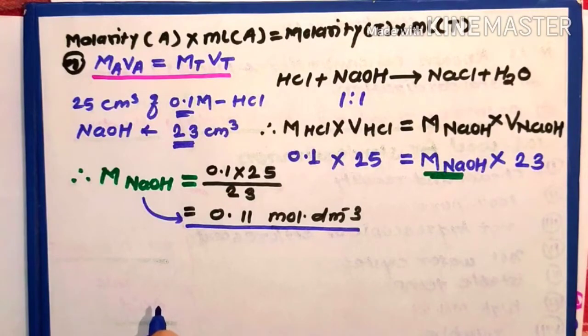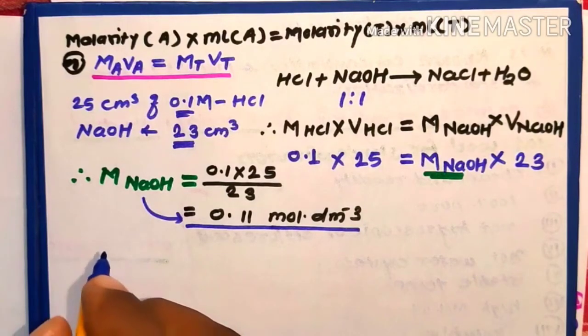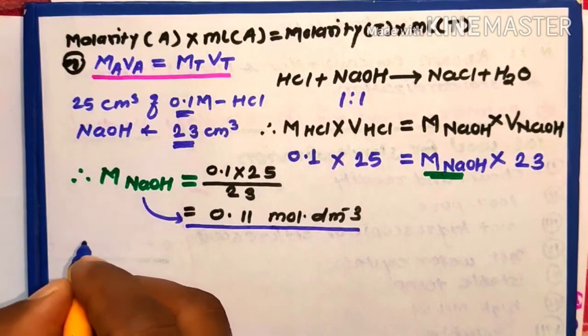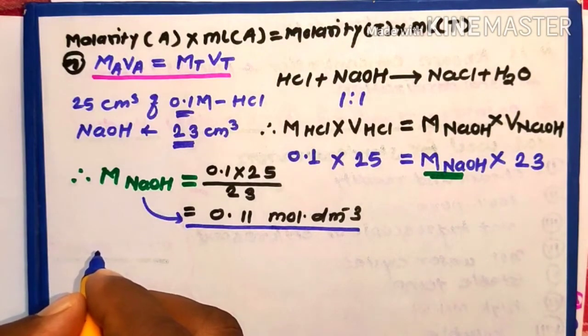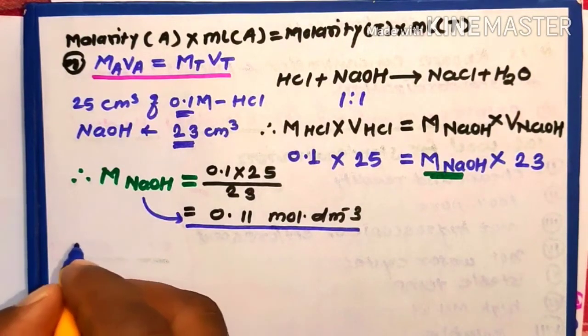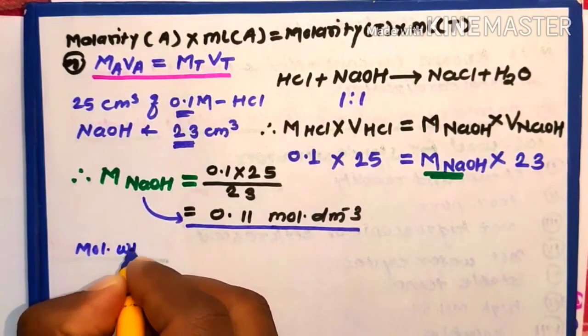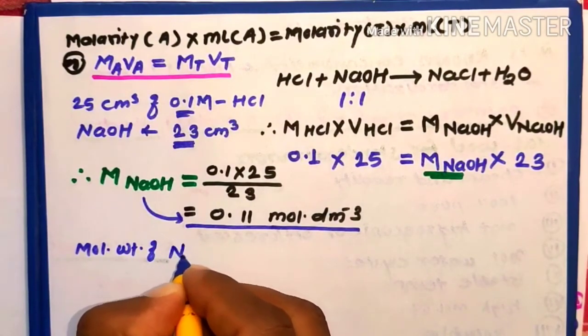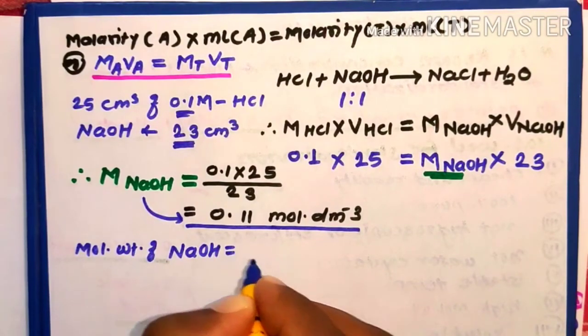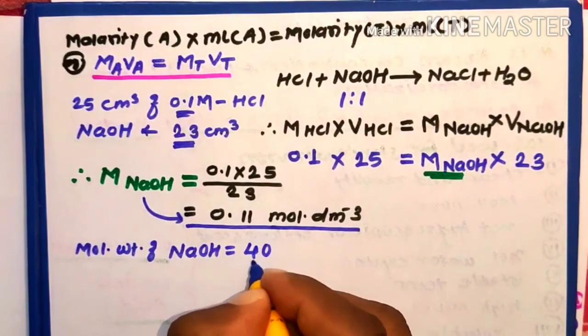From the molarity, we can calculate the number of grams using the molecular mass of NaOH. To determine gram per dm cube, the molar mass of NaOH is 40.